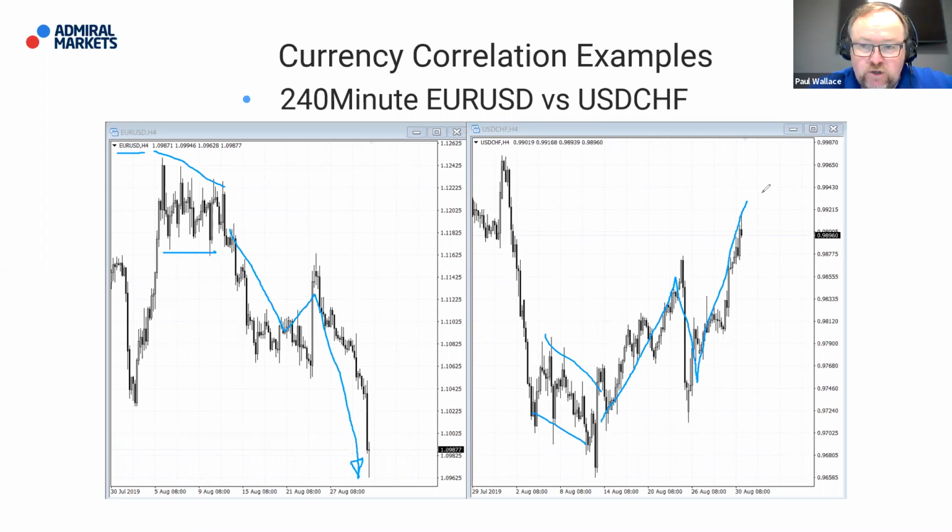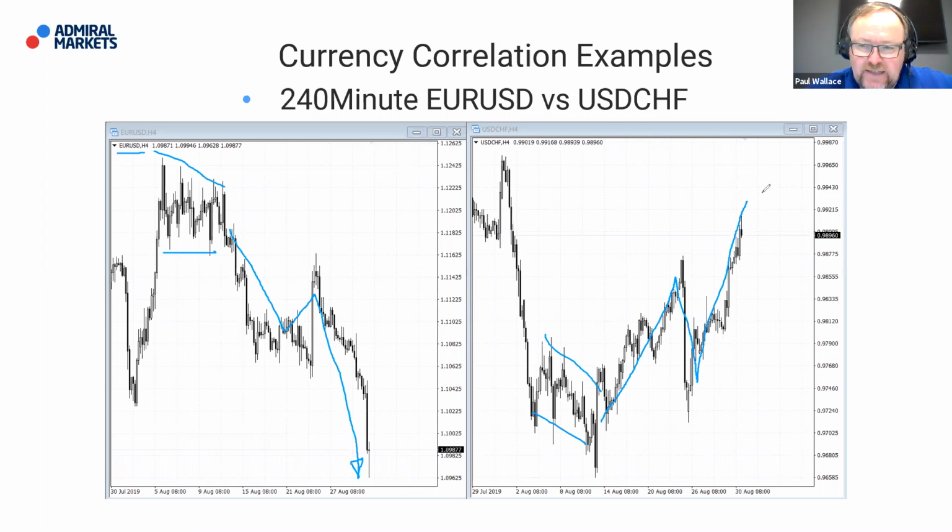I'll tell you a little segue from my own trading experience of using correlations, in particular on these charts. Many years ago, you could look at euro dollar against dollar Swiss franc, and as an intraday trader, I'd be watching the euro dollar and the dollar Swiss franc on the 5, 10, 15-minute charts.